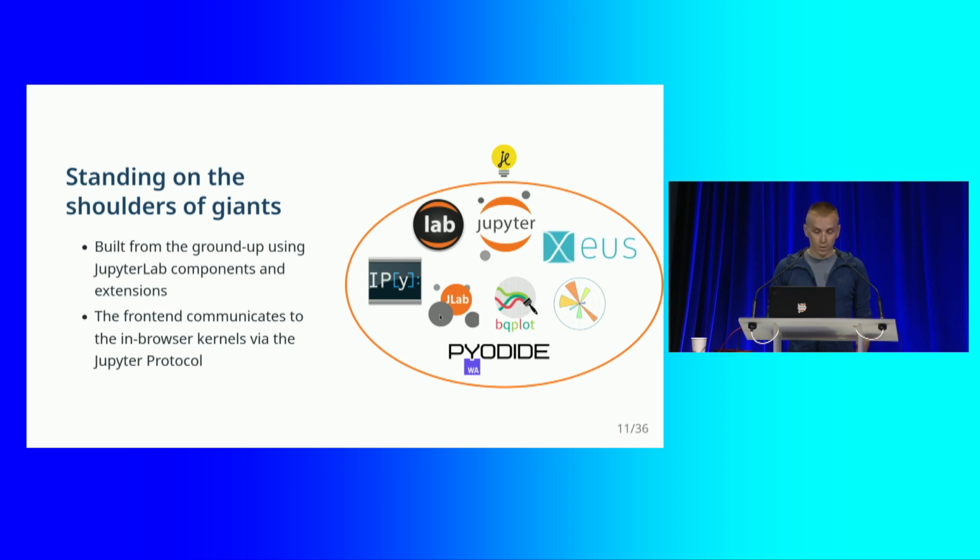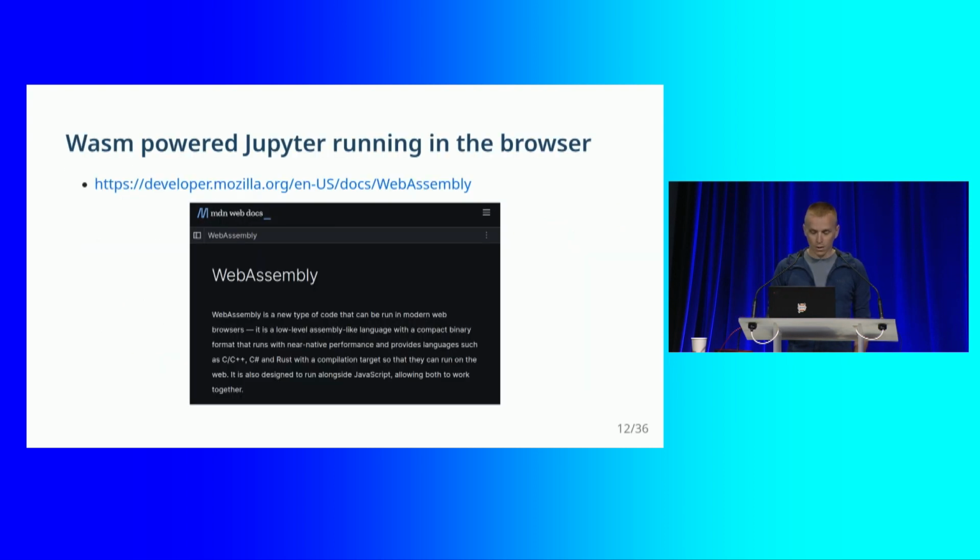JupyterLite does this. But the core is still the same. So the kernels, even if they run in a browser, they still speak the same protocol. So you have the same JupyterLab UI, and you have the same kernels, and they speak the same Jupyter protocol.